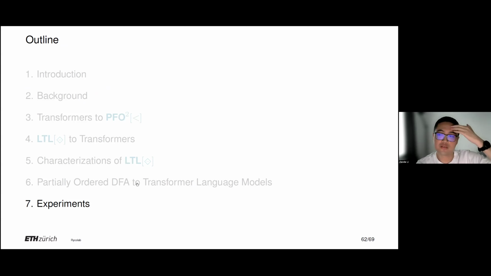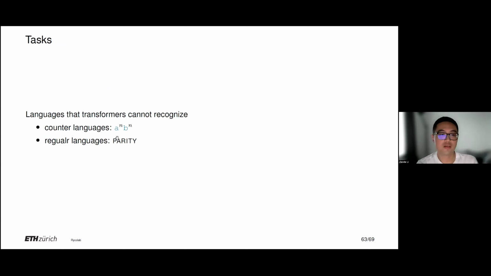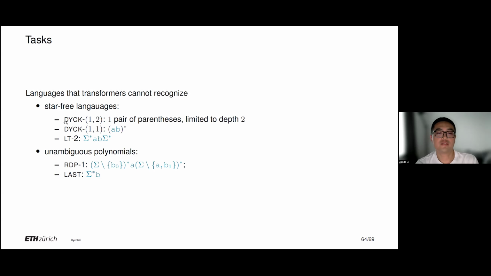Our paper also has an experimental section where we handpick a bunch of languages that, according to our theory, can or cannot be recognized by transformers. The languages that cannot be recognized include some counter languages such as a^n b^n and parity, and Dyck-1 2, which is the bounded Dyck language with a pair of parentheses and limited to depth 2.